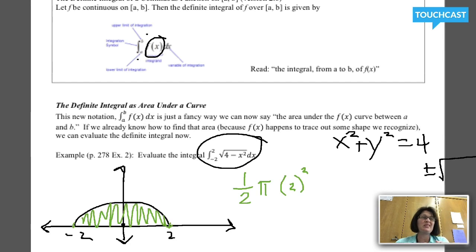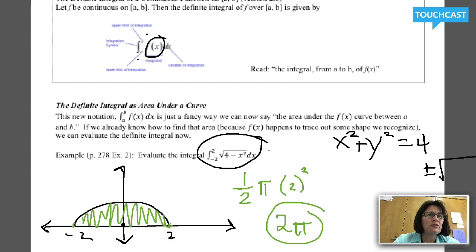That's part of being able to recognize what this shaded shape is. So that's 4 pi over 2, 2 pi. So the answer to this integral is the number 2 pi. It's the number that represents the area in square units under that curve, that means between the semicircle I drew and the x-axis.